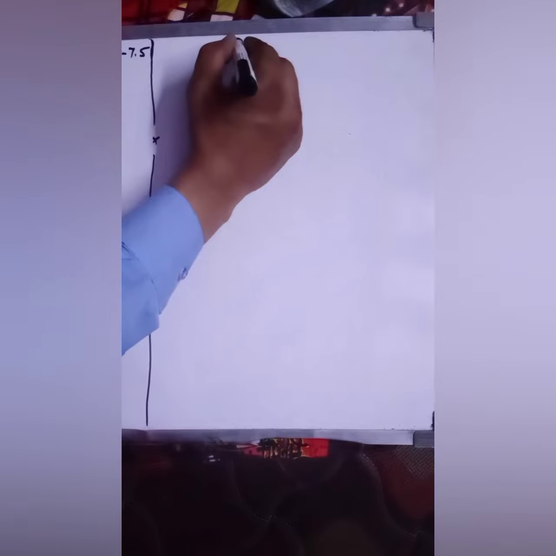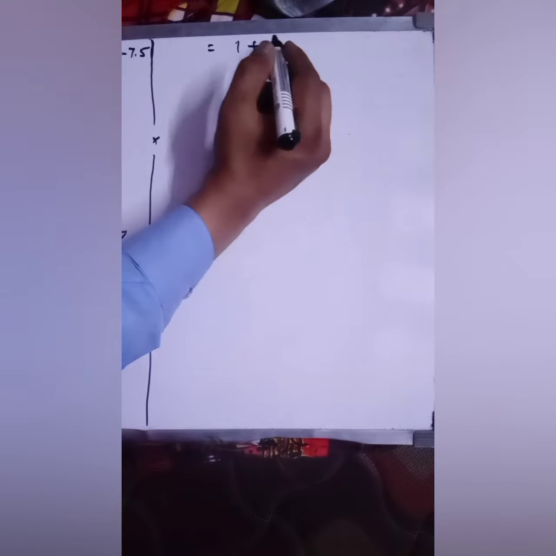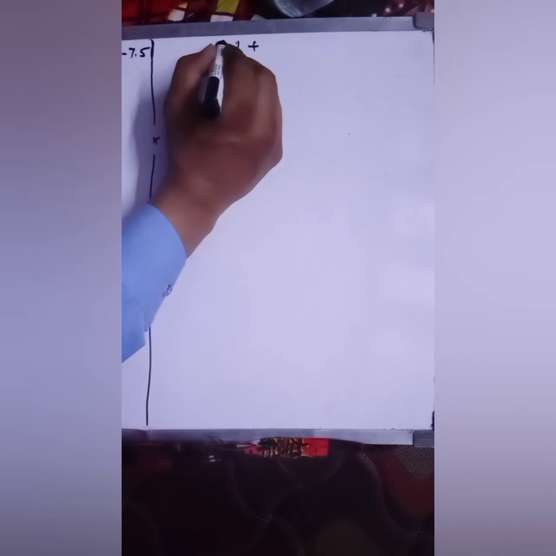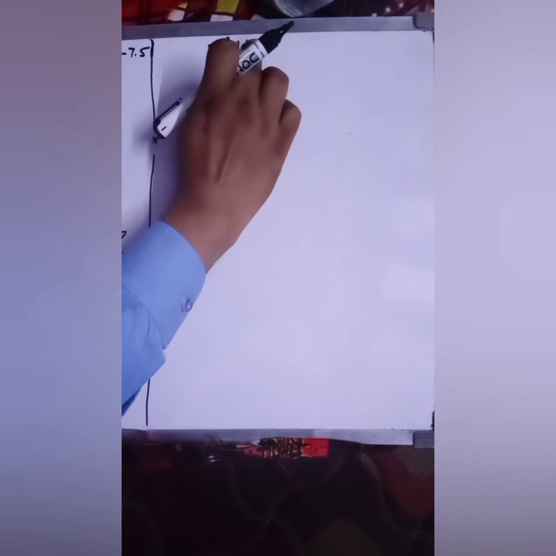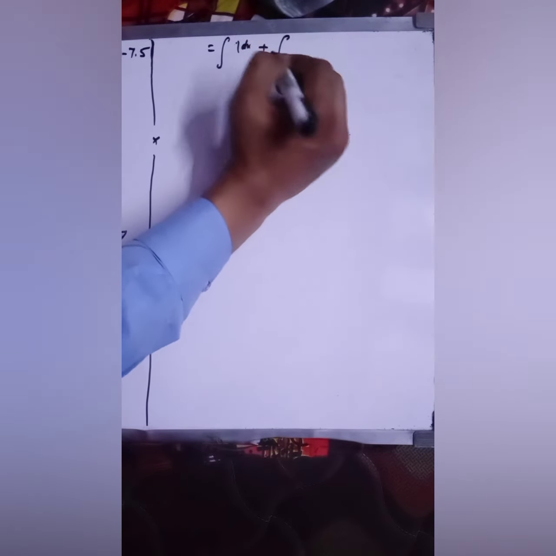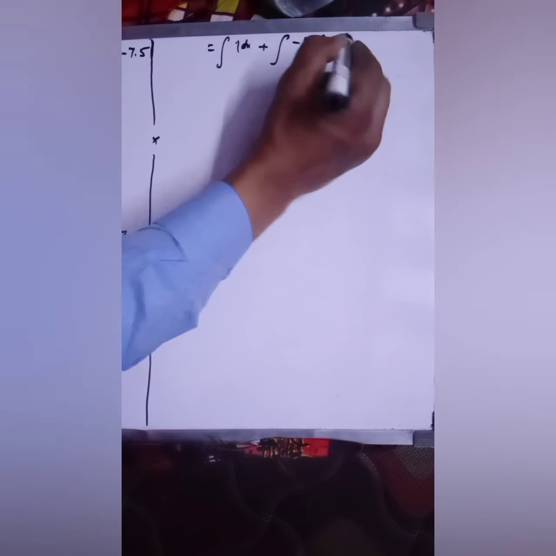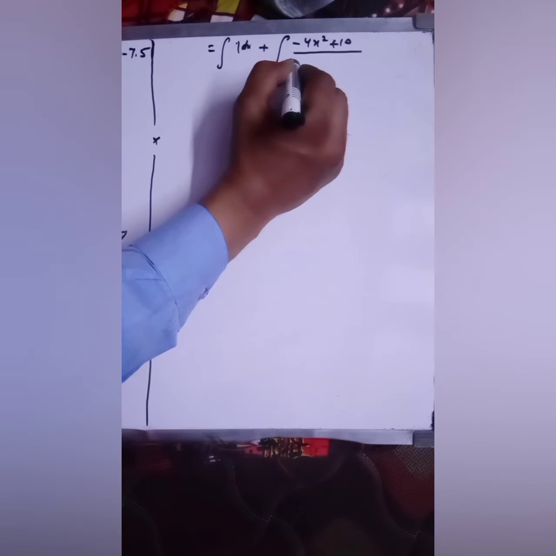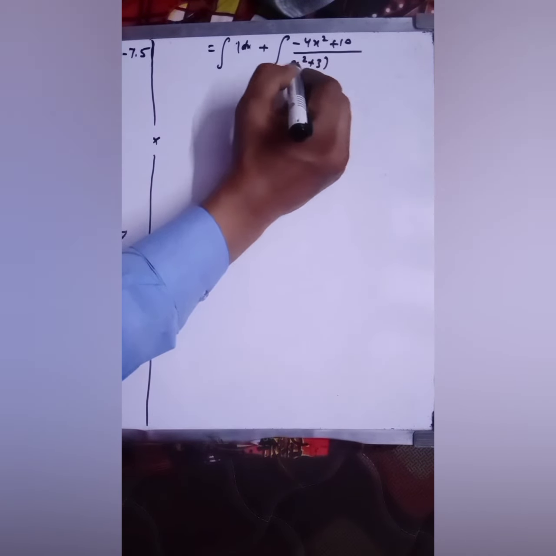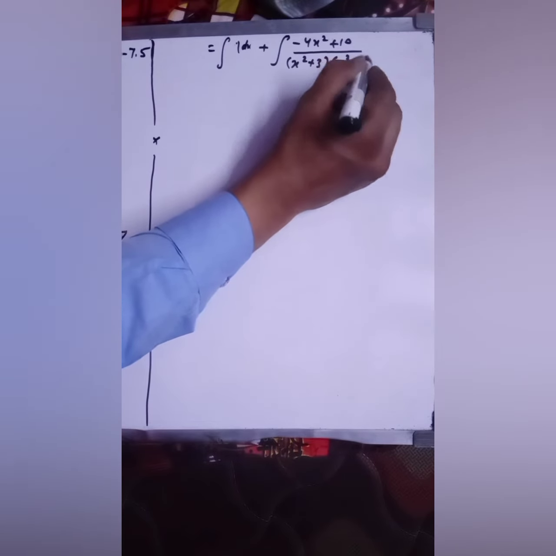let me adjust the next page of this. Now here you will get integral of 1 into dx, plus integral of (minus 4x square plus 10) over, and in the denominator I'm writing (x square plus 3)(x square plus 4) into dx.